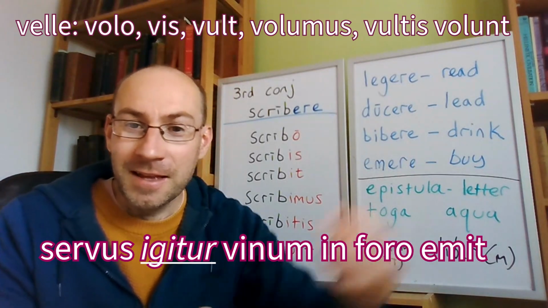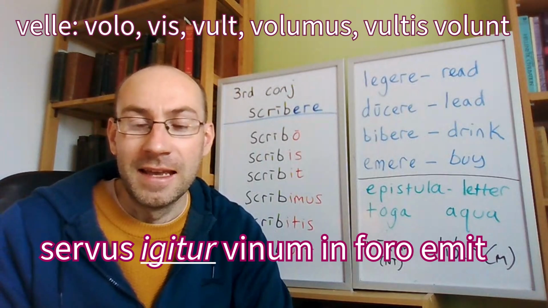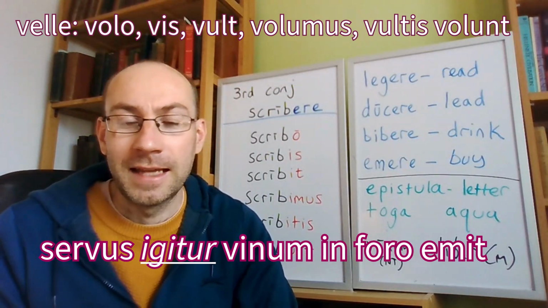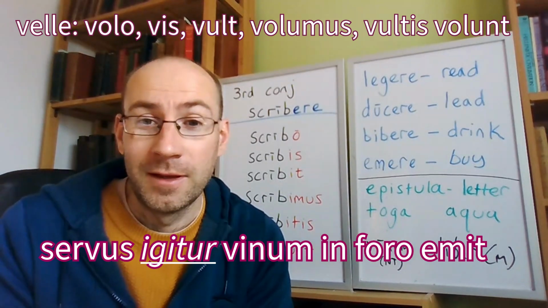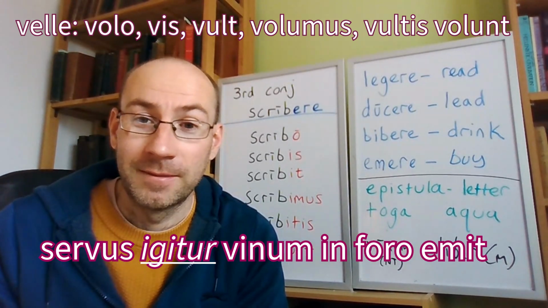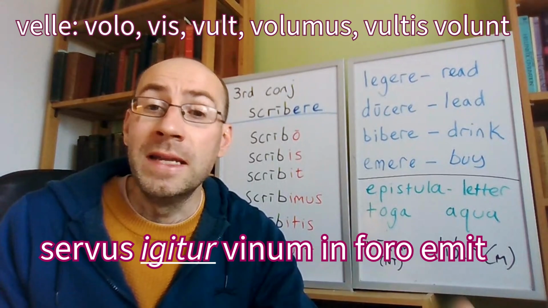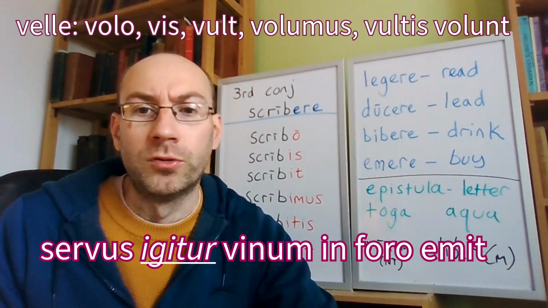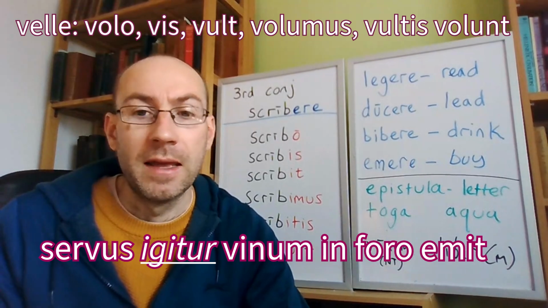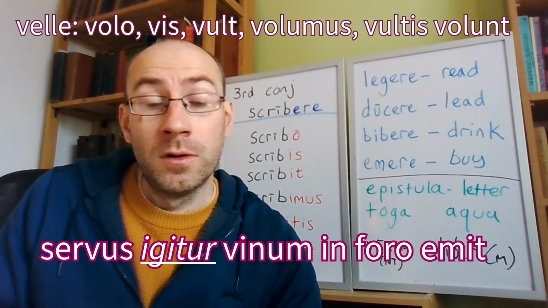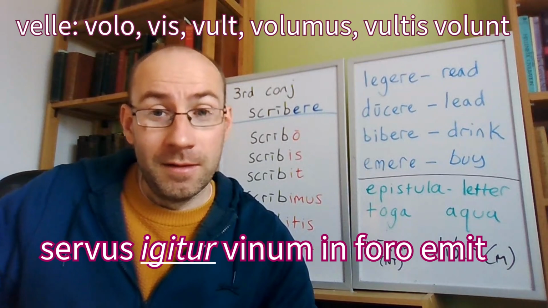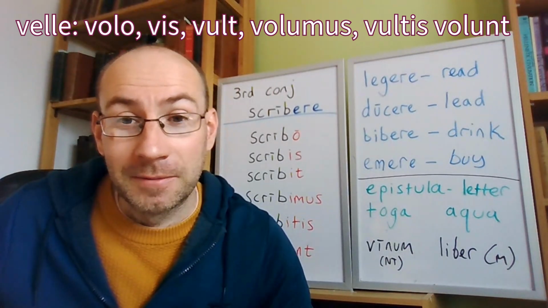It's nice because it helps the sentence to flow. These are the kind of words you come across when you're reading Latin. Filia vinum bibere wollt. Servus igitur vinum in foro emit.